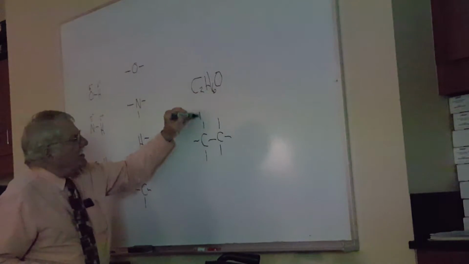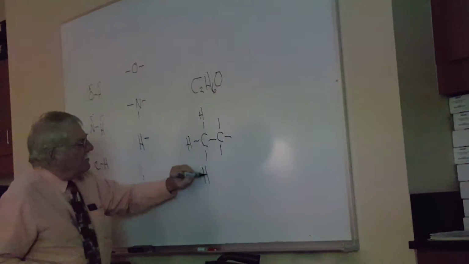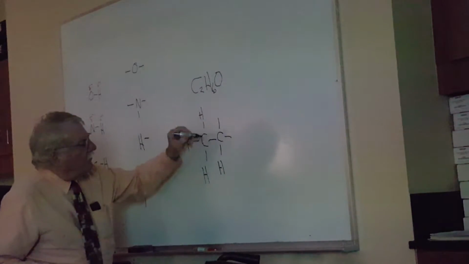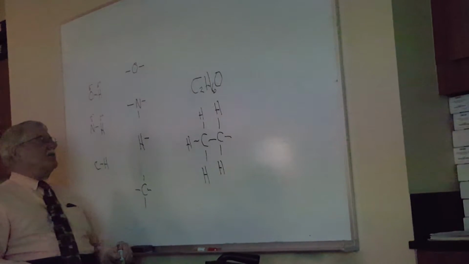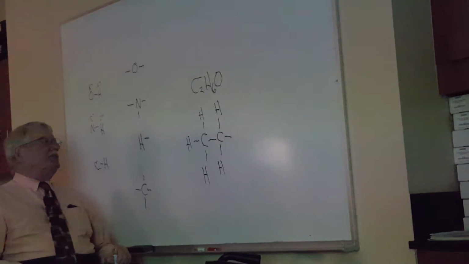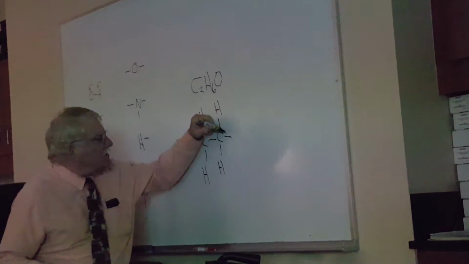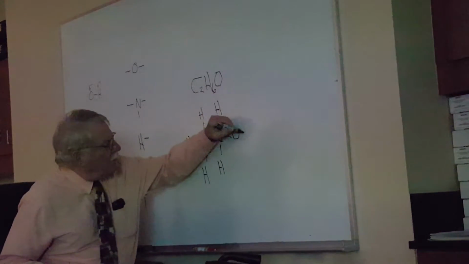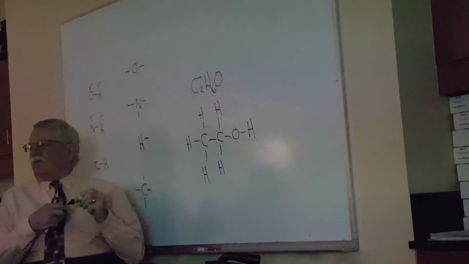I could start using up hydrogens: 1, 2, 3, 4, 5. What do I still have to go? Oxygen. I have an oxygen. Have I used all my hydrogens? No, I've got one of those too. And that would make sense, wouldn't it? And that's a real structure.